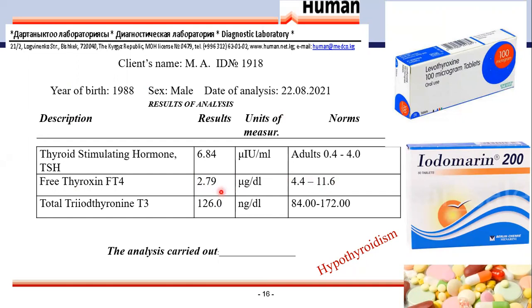Total triiodothyronine is normal. It means this patient's diagnosis is hypothyroidism, and you should prescribe to this patient levothyroxine and Iodomarin.